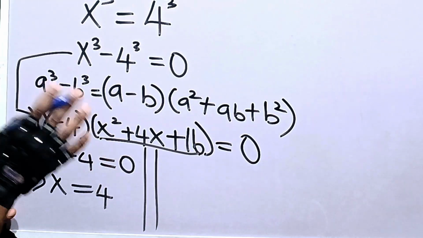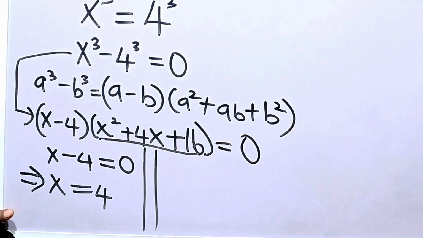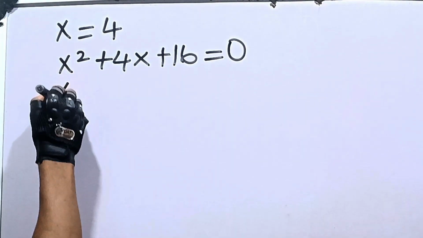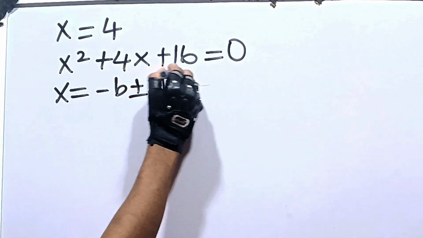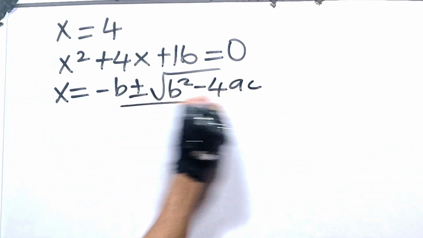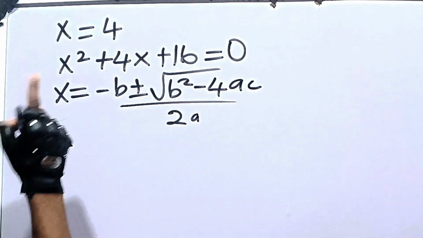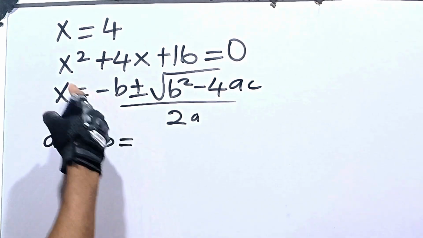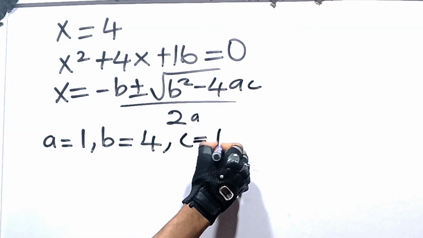We're going to solve this quadratic equation using the quadratic formula to get the remaining two answers for x in this question. Using the quadratic formula, x will be equal to minus b plus or minus square root of b squared minus 4ac, all over 2a, where a is the coefficient of x squared, which is 1, b is the coefficient of x, which is 4, and c is the constant term, which is 16.